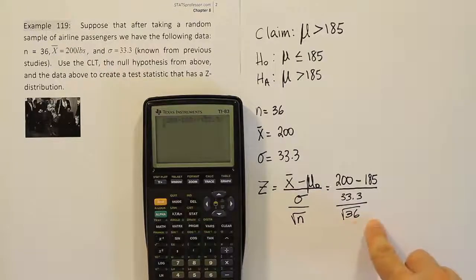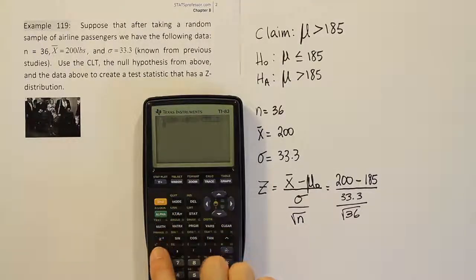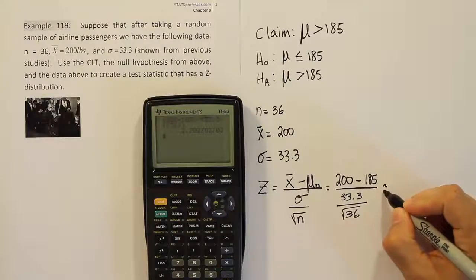Now, of course, you know that that's 6, so it's easier just to type 6, but I want to show you how to do it in case it was a square root you couldn't do in your head. So you hit the square root symbol, then 36, close that square root up, and then close the parenthesis for the denominator of the fraction, and you hit enter, and you get 2.703 approximately.